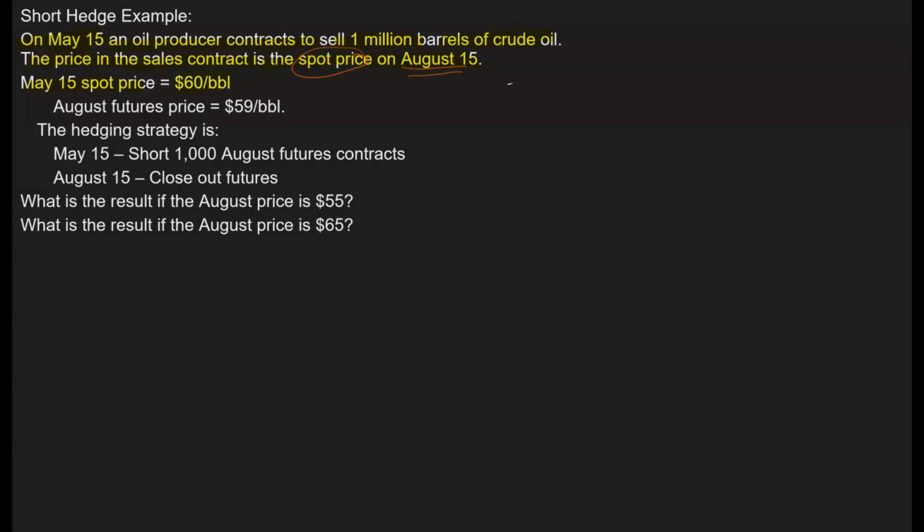So what do we have? We have a scenario where we are in May and we want August. Now, we're going to be selling, right? We want to sell 1 million barrels of oil in August. And in order to sell in August, we need to take a short hedge, right? We need to take a short position in the futures contract. So we need to take a short futures, the short August futures.